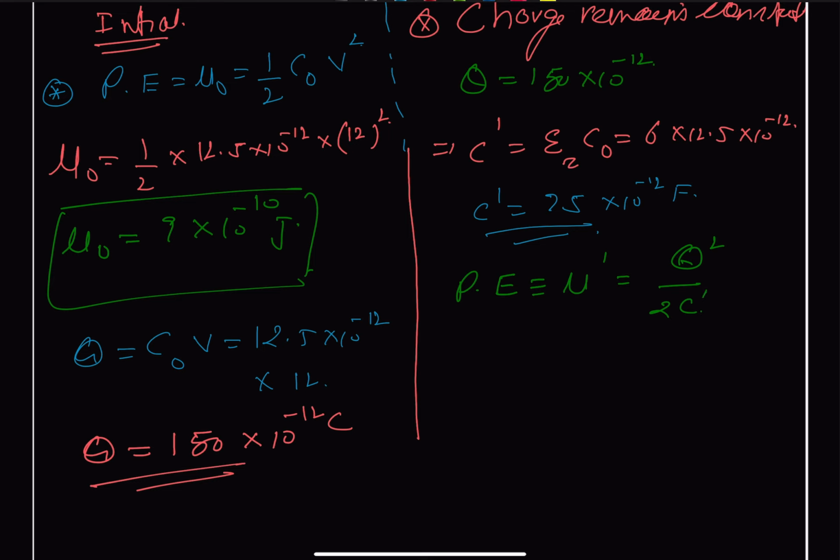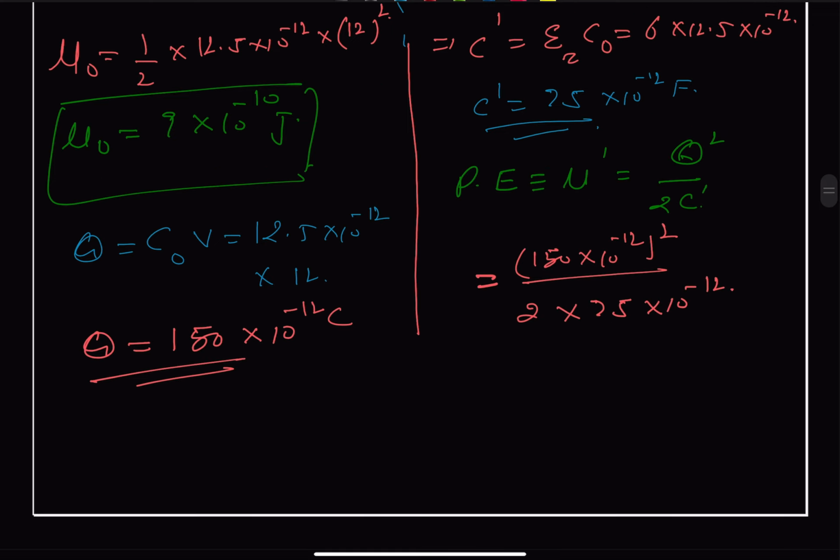We get 150 into 10 to the power minus 12 whole square, upon 2 into 75 into 10 to the power minus 12. So we get our U prime equal to 1.5 into 10 to the power minus 10 joules.